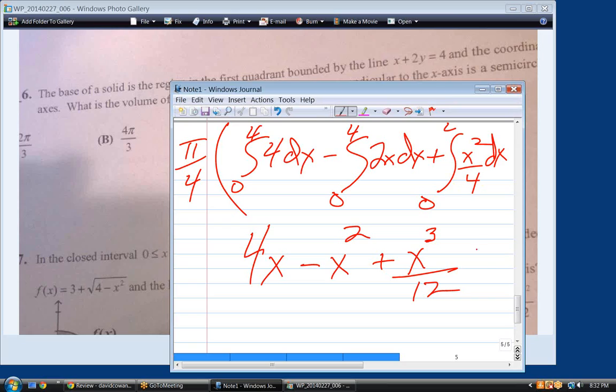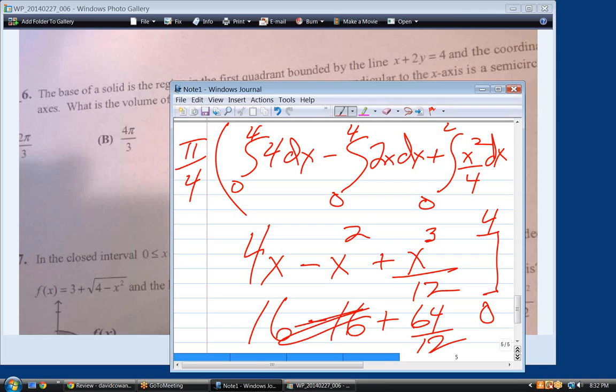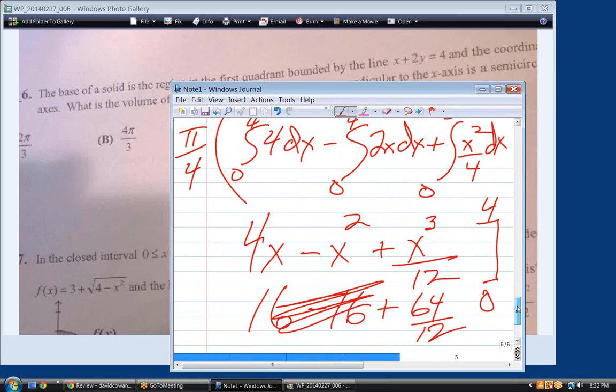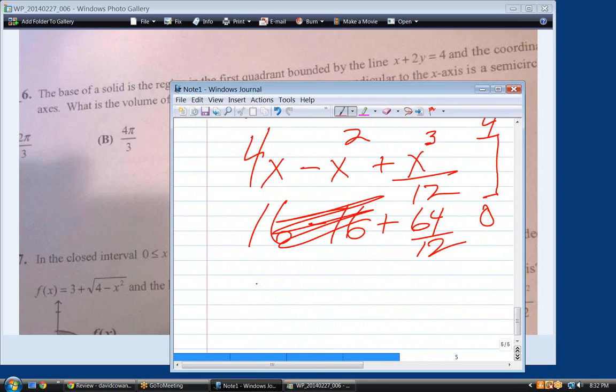So then I have to evaluate this thing from 0 to 4. The 0 part's going to be real easy. That's going to be 0. So all I have to do is evaluate it at 4, and then multiply it by pi over 4. So we have 16 minus 16 plus 64 over 12, times pi over 4.